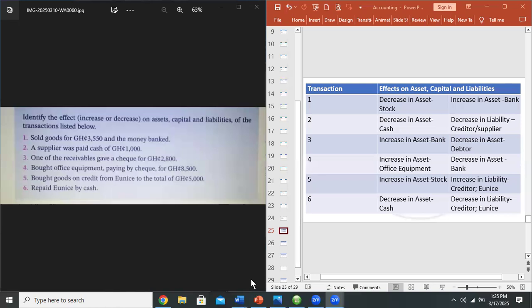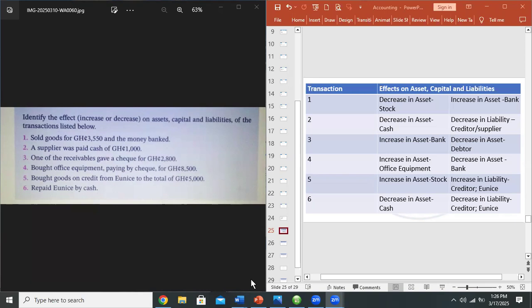Okay, so most of the time I try to make it more relevant to your daily experiences. So I use an example like, let's say you are in a family, right? And then your father goes to buy a car. So if the family is a business, the business has gone to buy a car. Maybe daddy paid cash of 100,000. What it means is that your business will get a car.